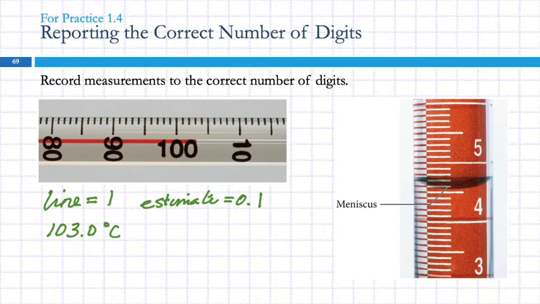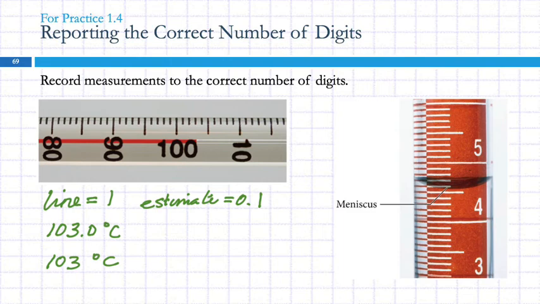So if we don't put the 0.0, is that wrong? Mm-hmm. Because if you write 103, a scientist looks at this and says, there's uncertainty in the last digit. So they only know it to the nearest 1 degree. So it's between 102 and 104.